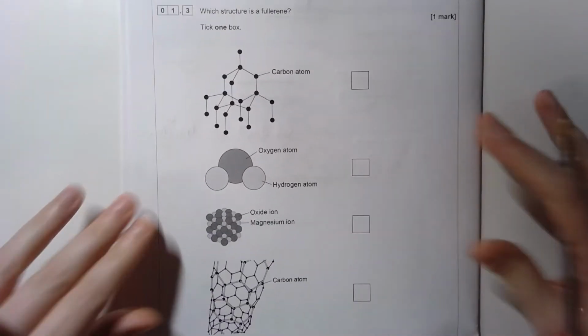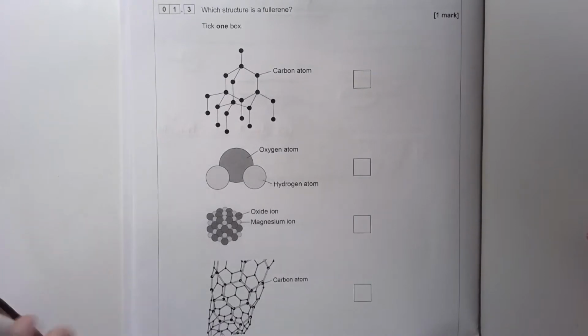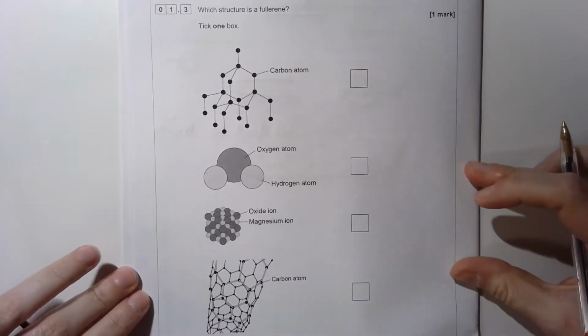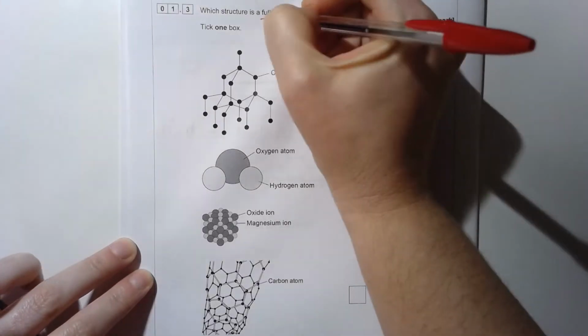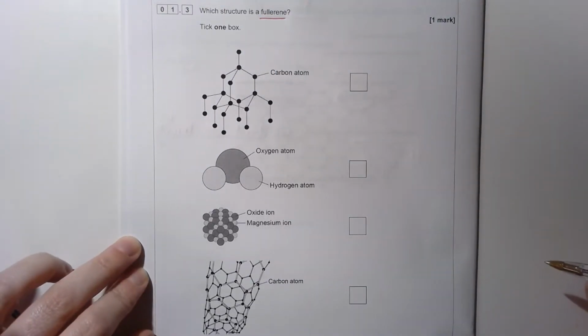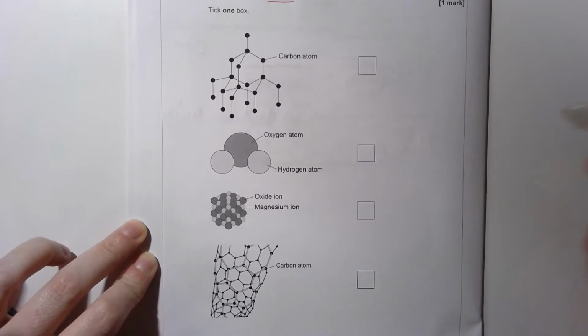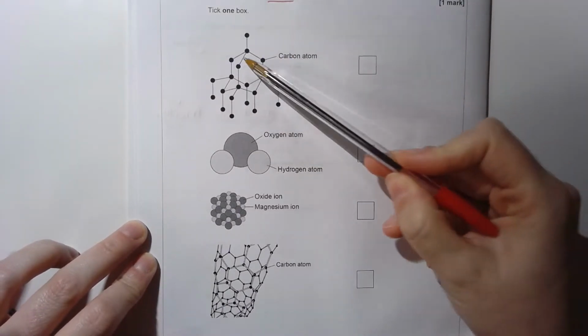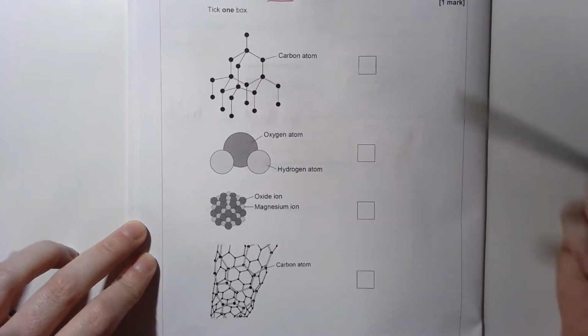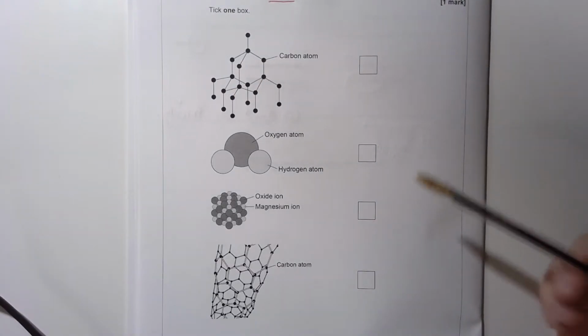The next question, when it comes into focus, is which structure is a fullerene? Tick 1 box. So if we think of a fullerene, we know that a fullerene is again something made from carbon atoms. This structure is more like a diamond in terms of every carbon being bonded to many others.